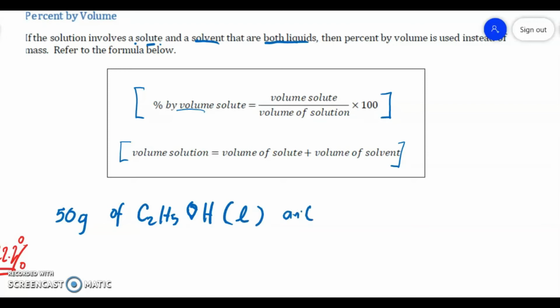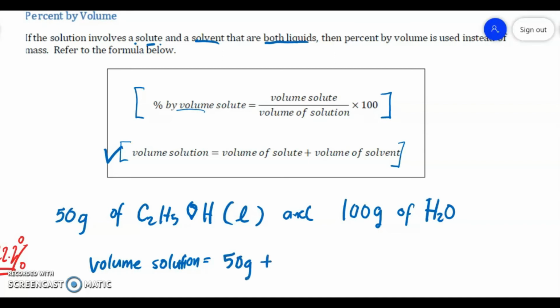And again, let's have 100 gram of solvent, H2O. Let's solve for the percent by volume of solute. First, let's use the second equation. The volume of solution is given by the volume of solute, 50 grams, plus the volume of the solvent, 100 grams. We have 150 grams of solution.